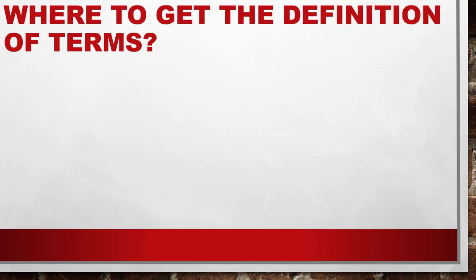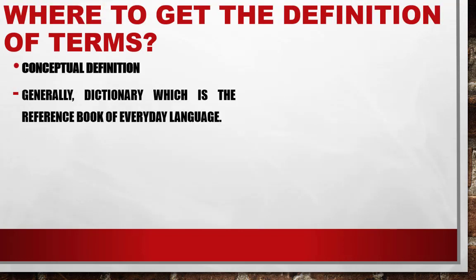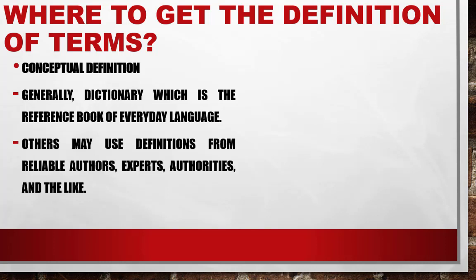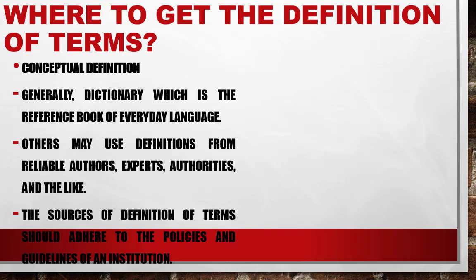So where do we get the definition of terms? For the conceptual definition, generally you use the dictionary, because the dictionary is the reference book of everyday language. Others may also use definitions from reliable sources like authors, experts, authorities, and the like.